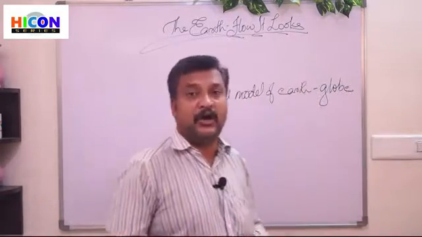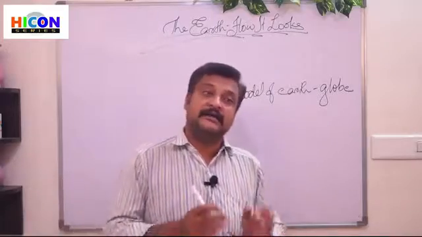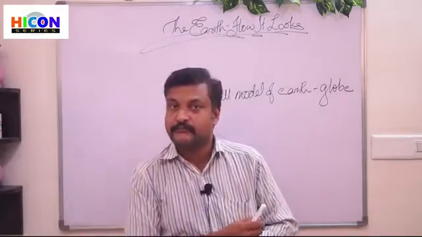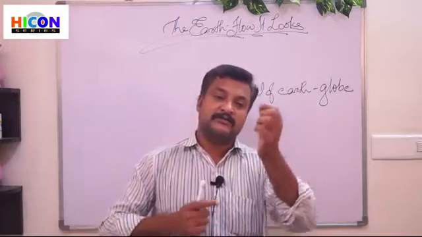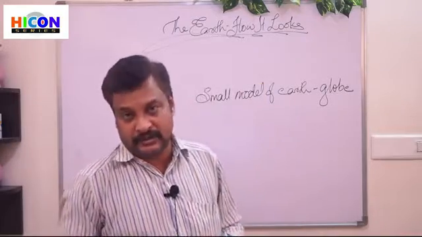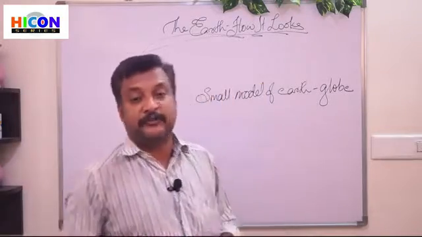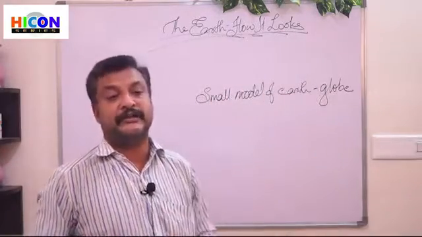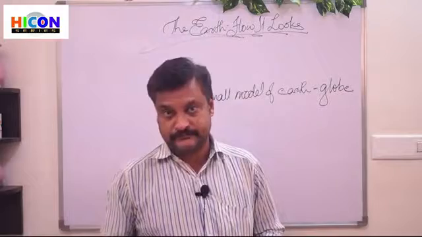So what do you mean by a globe? A globe is a small model of the earth on which we have printed all the features that we can find on this earth.